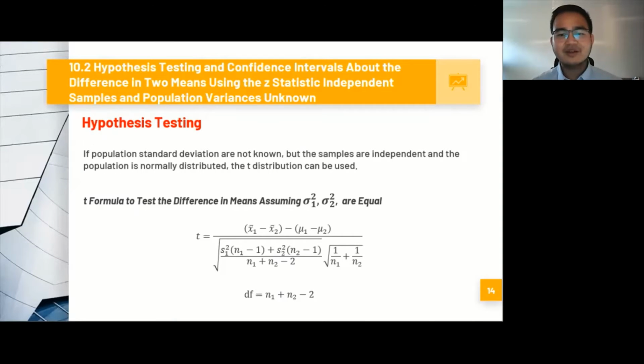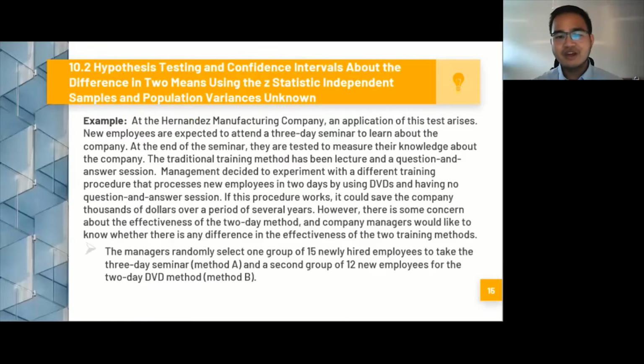It seems a little bit complicated, but we just need to understand and identify the value of each of the statistical symbols, and then we will just substitute them using this formula to arrive at the answer. So let's take an example for us to absorb this formula. At a manufacturing company, there would be two groups of samples for the training.